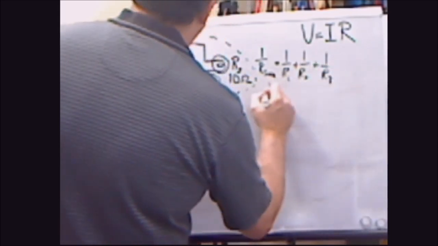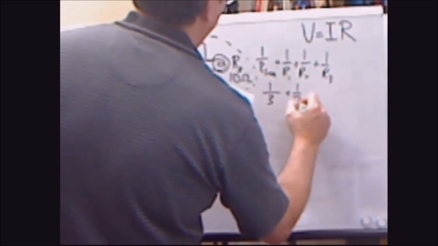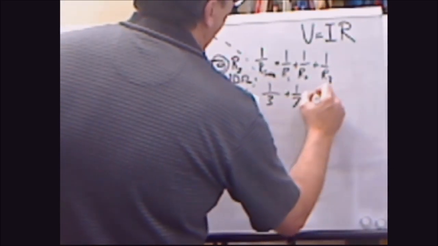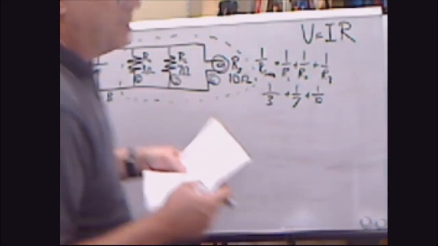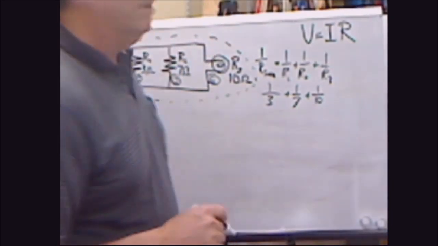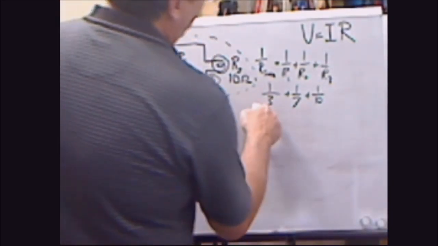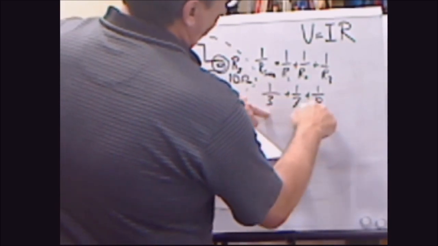So it's going to be 1 over 3 plus 1 over 7 plus 1 over 10. And the simplest way to find a common denominator is to just multiply all 3 together. So you got 3, you're going to multiply 7 times 10 is 70.